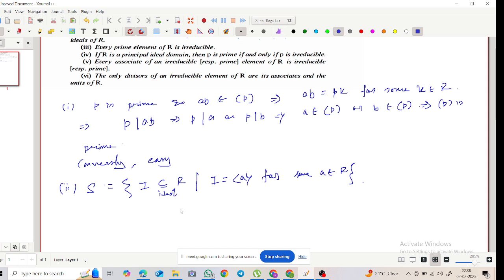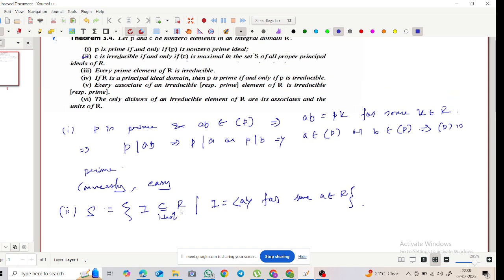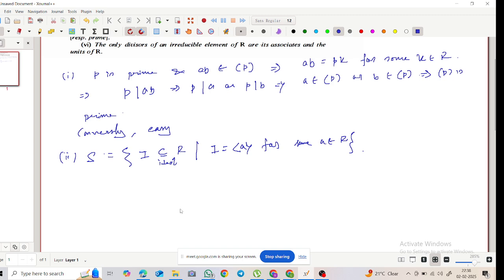And so if C is irreducible, right? Now this belongs to S, because this ideal is generated by C, so this is in S.